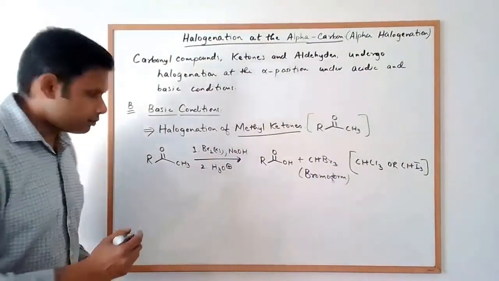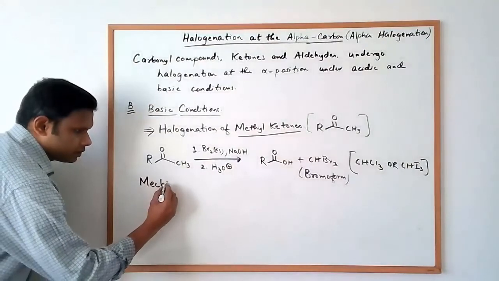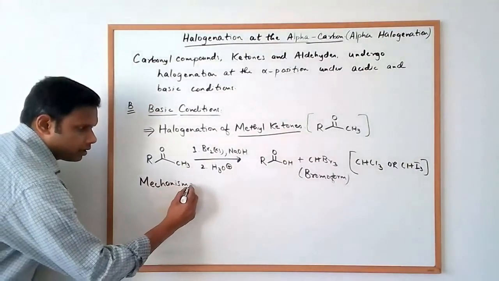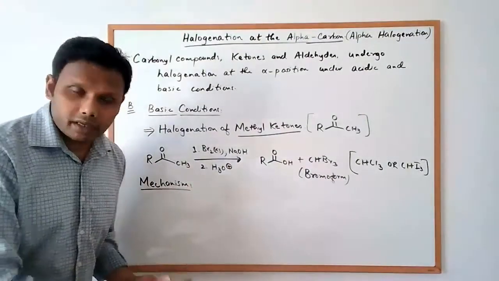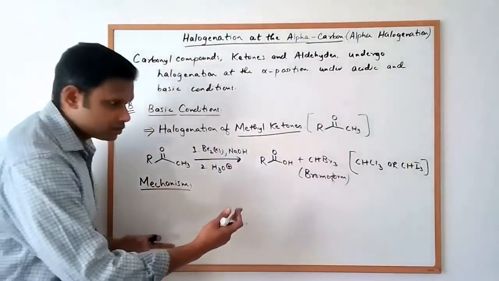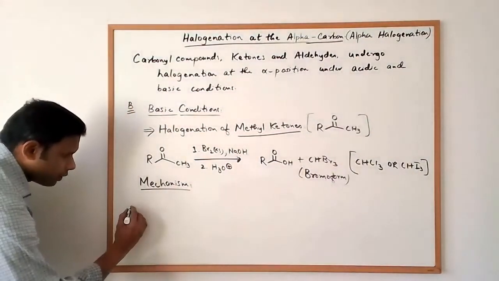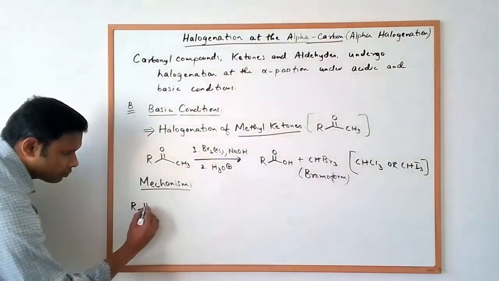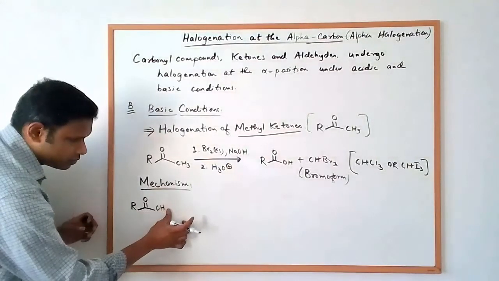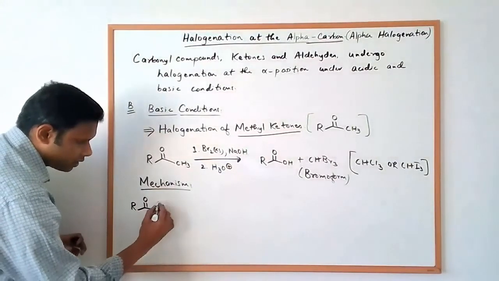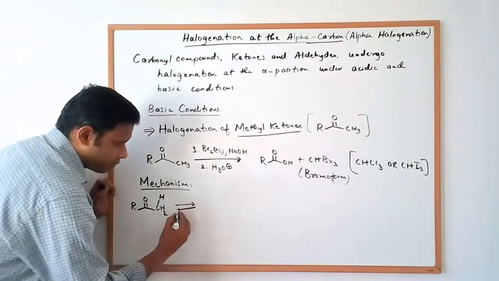So what happens in the mechanism here is that you basically proceed by doing a halogenation. I'm not going to work through an entire mechanism here, but I will show you some steps, and then we will fast forward in the middle, and then we'll get to the product. So if I start with this molecule, the methyl ketone, I'm going to draw one of the alpha hydrogens out for the purposes of our mechanism.